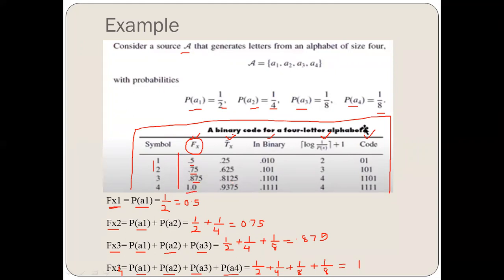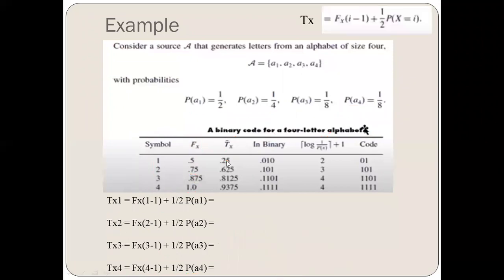Now the second task is to find out the TX, that is the tag for all the symbols. So let's see how we are going to find the tags. We have a formula for this, and the formula states that the tag TX, whatever we have to calculate, 1, 2, 3 or 4, will be equal to Fx(i minus 1) plus half of Pxi.